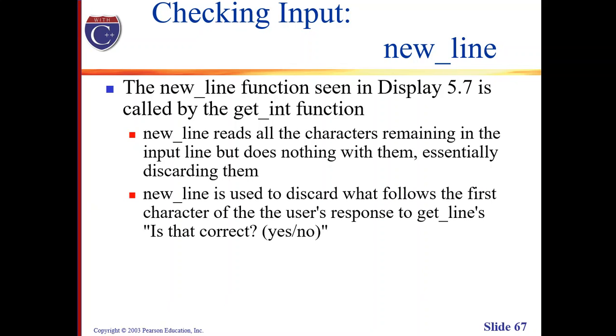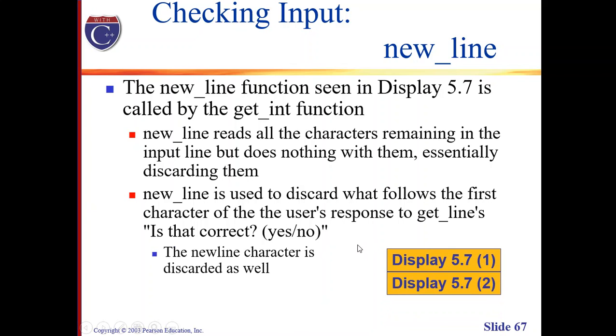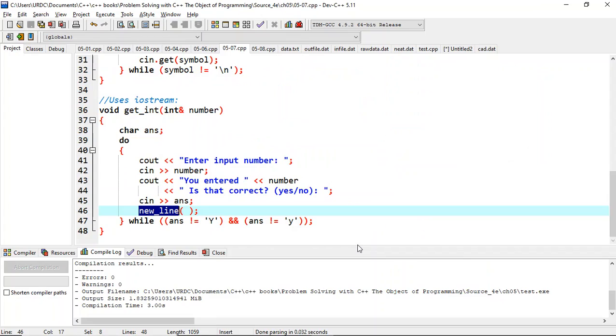newLine is used to discard what follows the first character of the user's response to getInt, which asks if the input was correct. And the new line character is discarded by that function. So let's go back to our example. As you can see here, the newLine function is called by the getInt function.